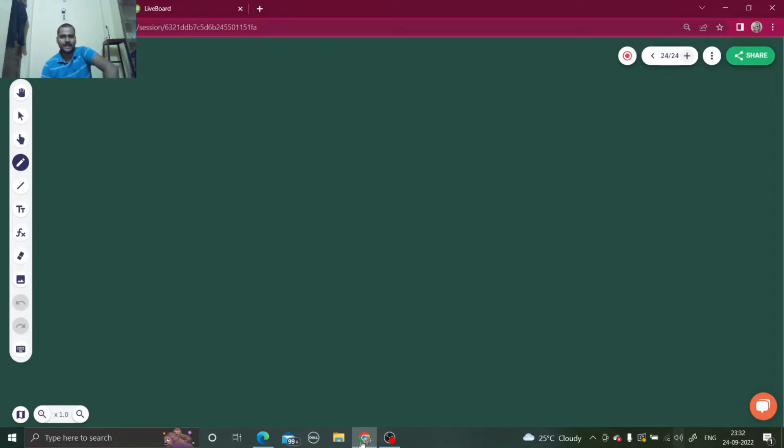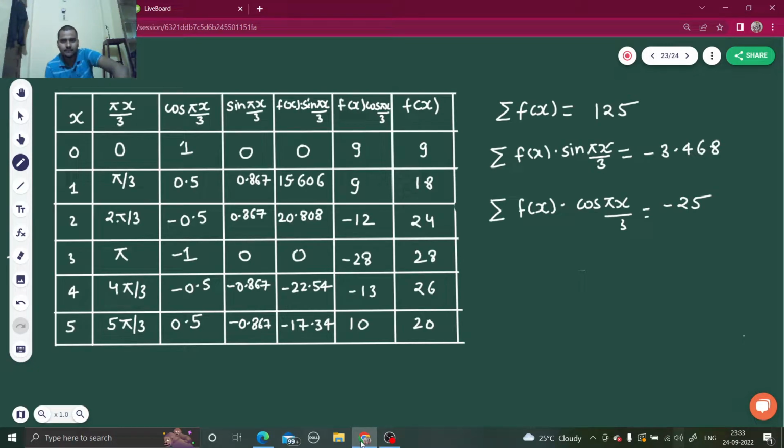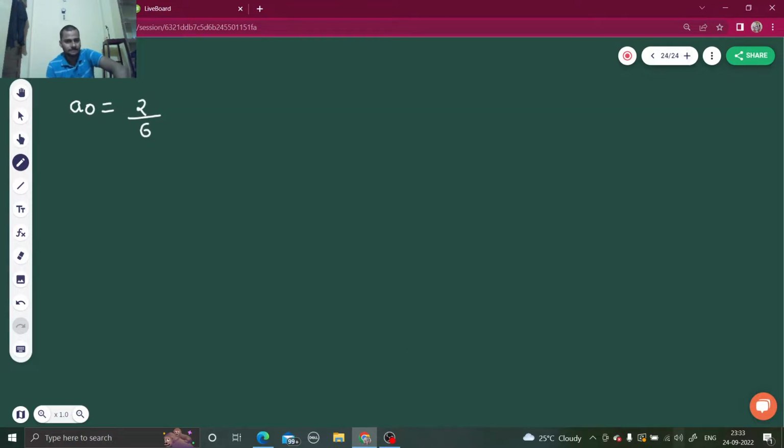Now what we have to do next is to find a naught, which will be 2 by n. So 2 by n in this question is 2 by 6, and this 125. So this is 250 by 6, and this will come out to be 41.66.